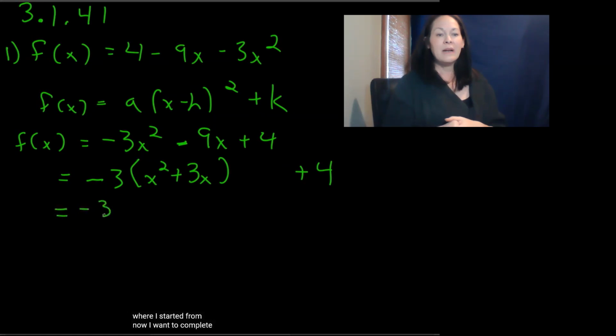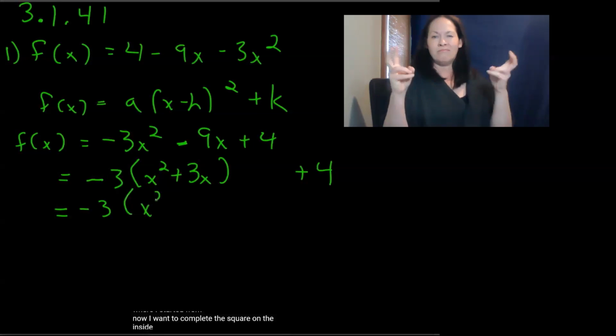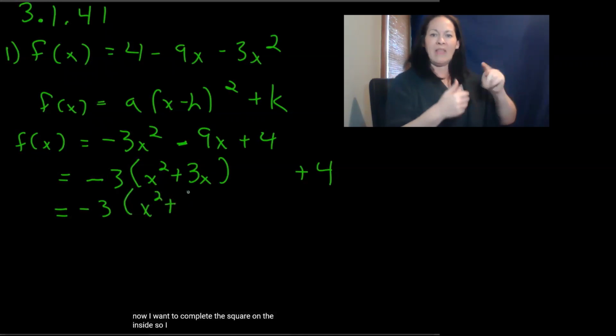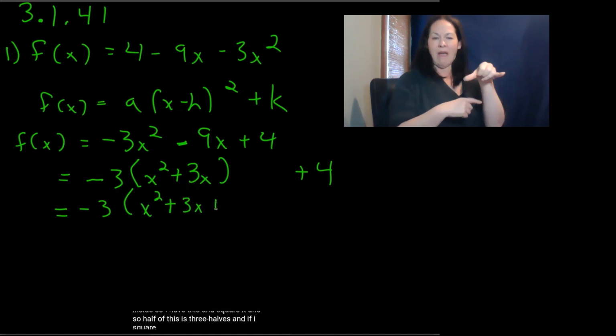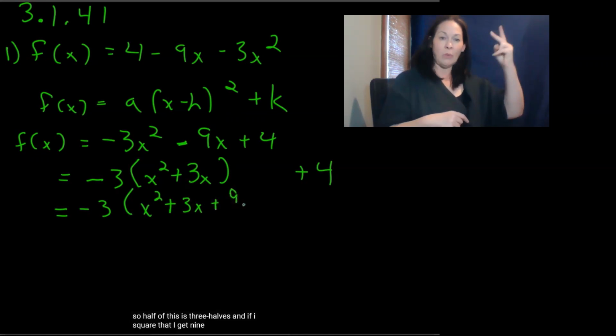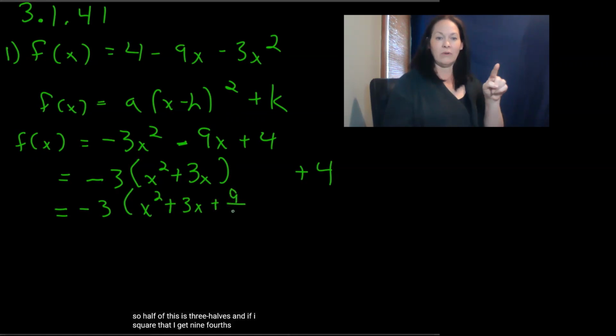Now I want to complete the square on the inside. So I half this and square it. And so half of this is 3 halves, and if I square that, I get 9/4.